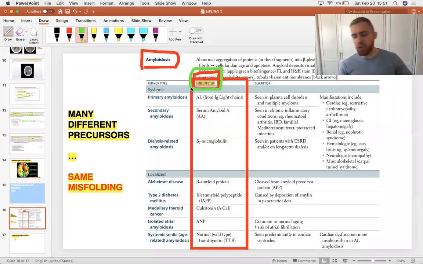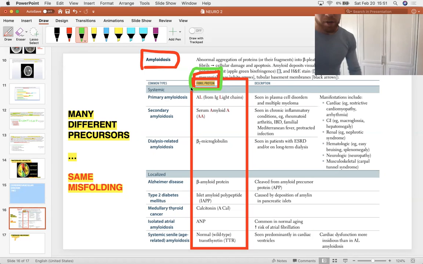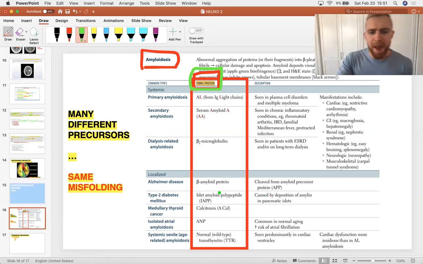There's amyloid light chain. And I'm going to plug my computer in real quick because I'm about to die. But there's amyloid light chain, there's amyloid A, there's beta amyloid, there's islet amyloid polypeptide, and that light chain amyloid again. So there are all these different types of amyloid.